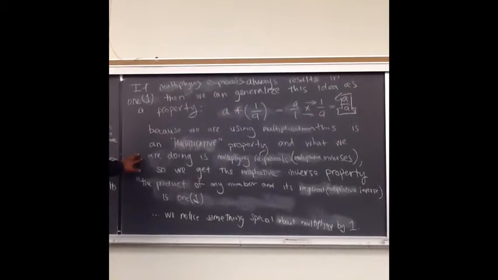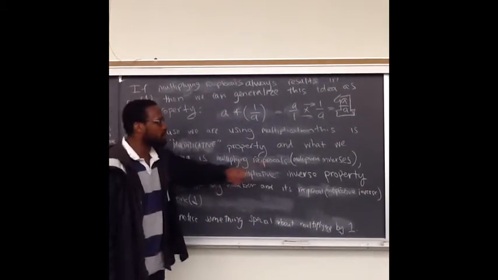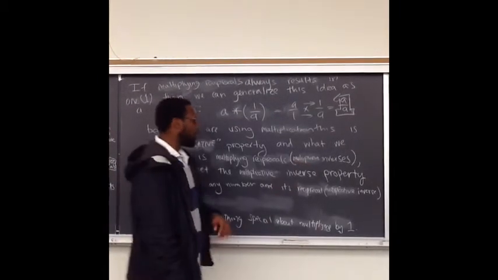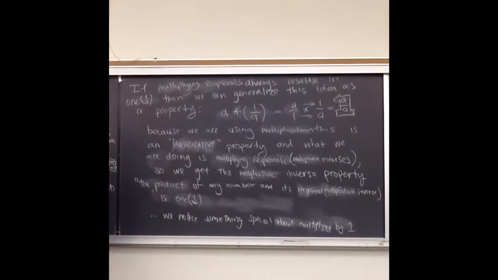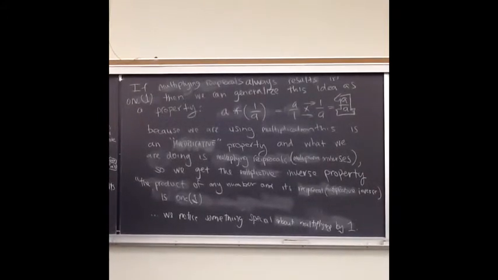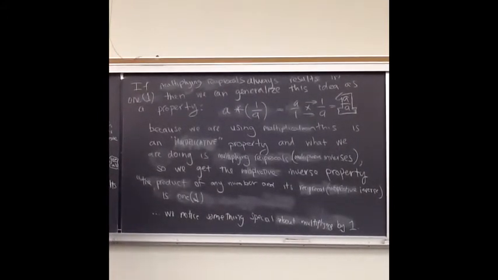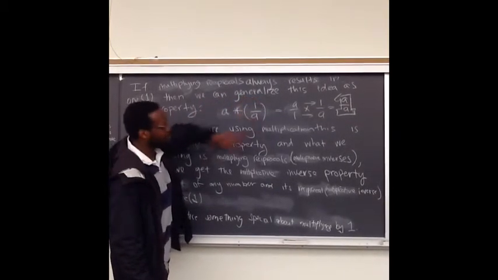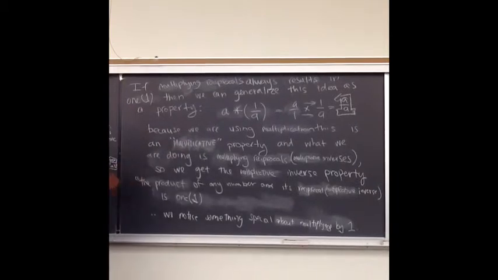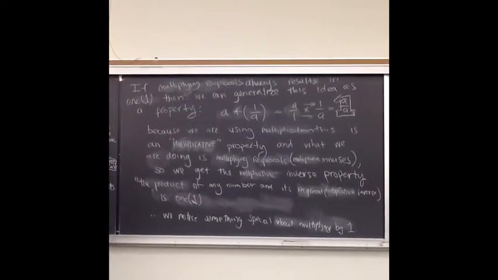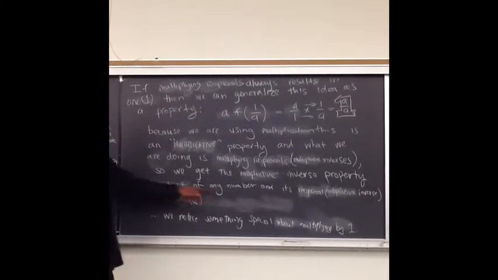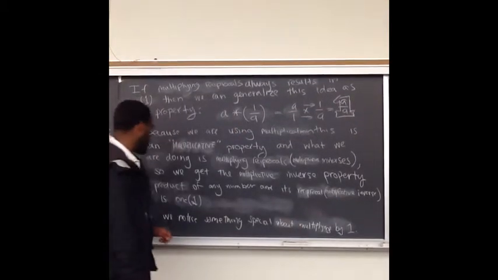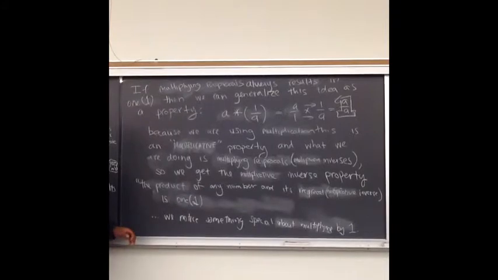Now, what we are doing is multiplying reciprocals, and another word for reciprocal is a multiplicative inverse. So we get the multiplicative inverse property by multiplying a number by its inverse. The result of that multiplication is 1, and so we say the product of any number and its reciprocal, reciprocal being the multiplicative inverse, is 1.